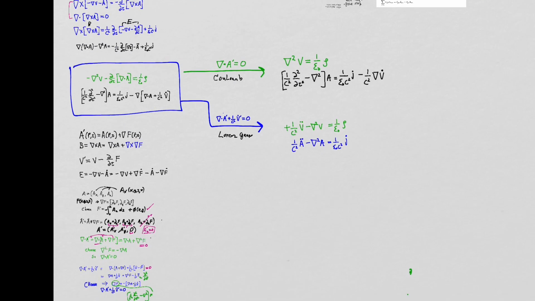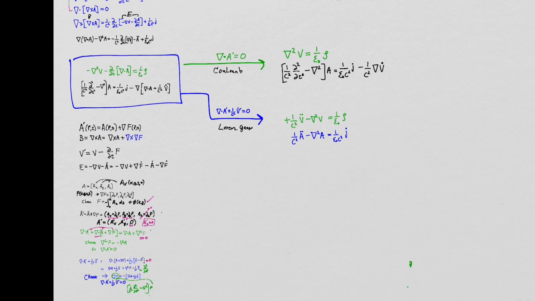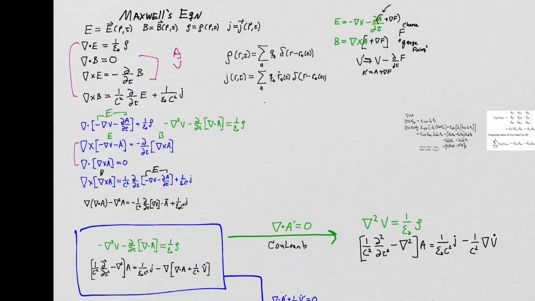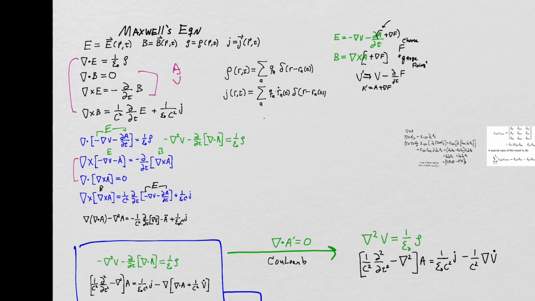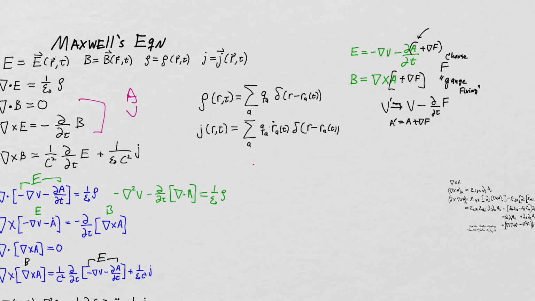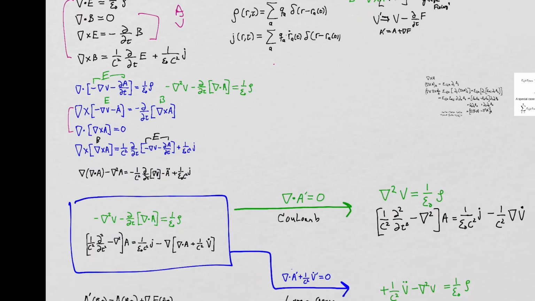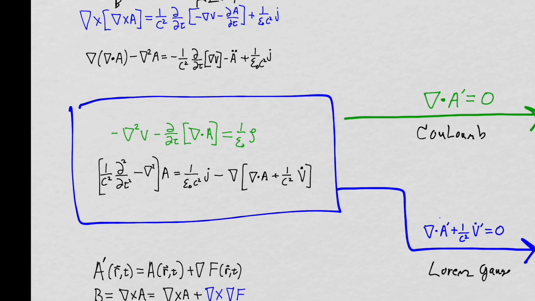Okay, so that wraps up what I wanted to talk about today. We reviewed Maxwell's equations in their pure form. We took our hard-won potential formulation, stuck them into Maxwell's equations, and generated Maxwell's equations in potential form, which are now two second-order differential equations.